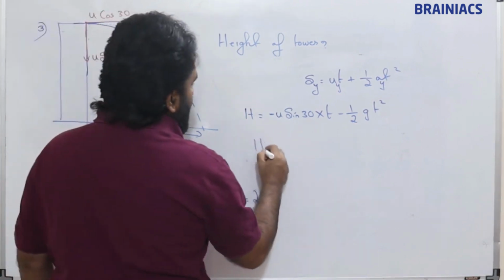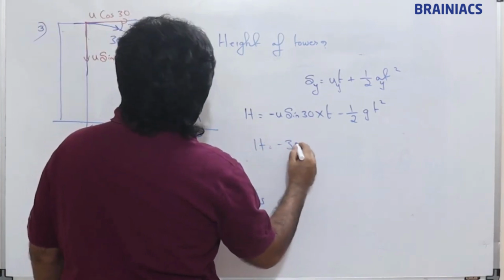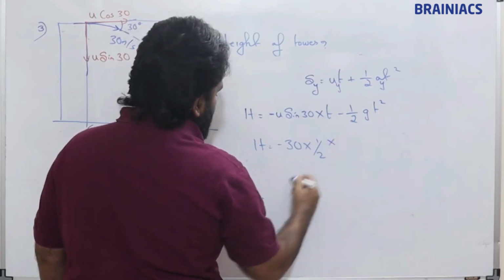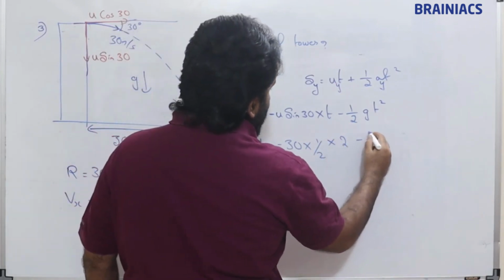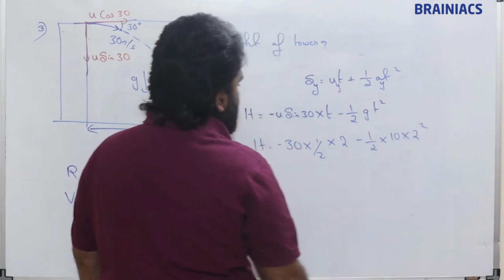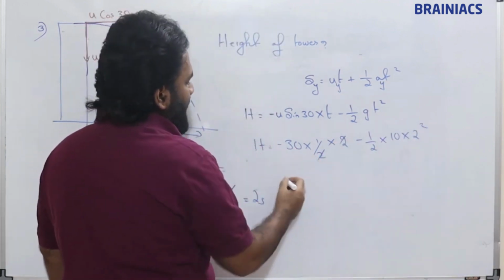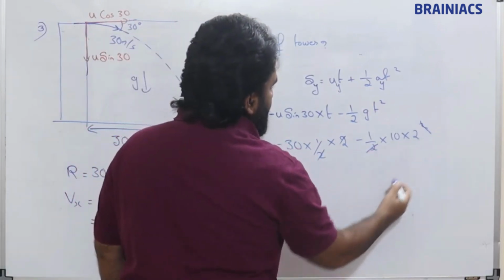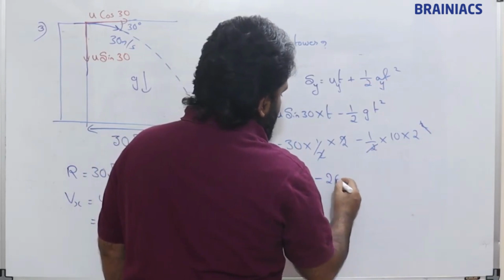Now we'll substitute here. This is equal to minus 30 into 1 by 2 into 2 minus half into 10 into 2 square. So this 2 will be cancelled off. Minus 30, minus 20.